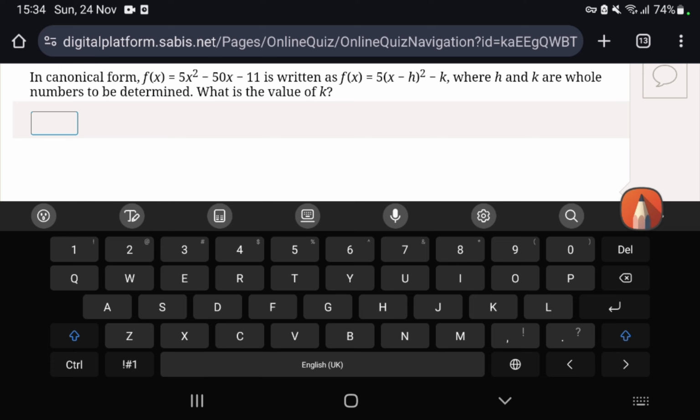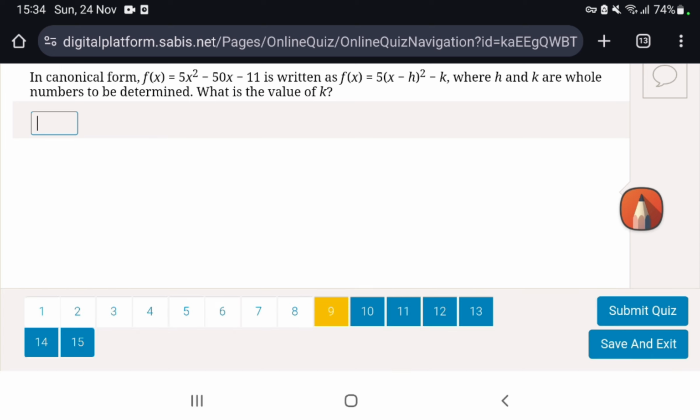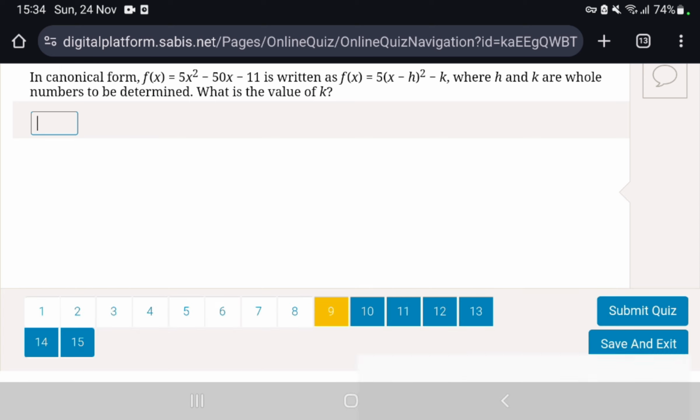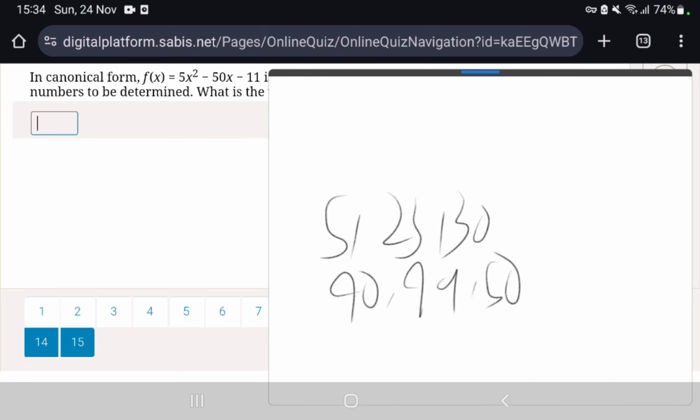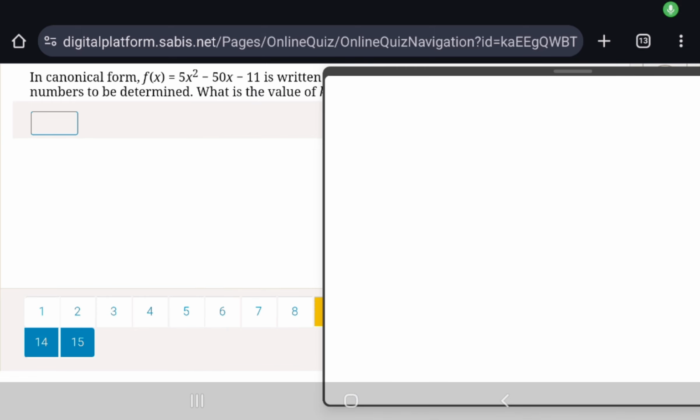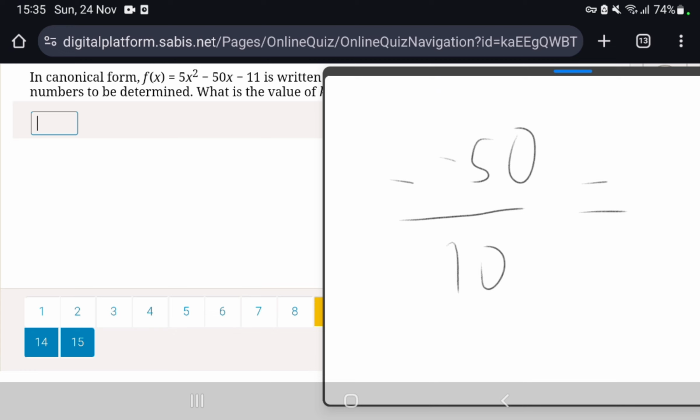For this one, first we need to find h, which is -50 over 10, which is equal to 5.